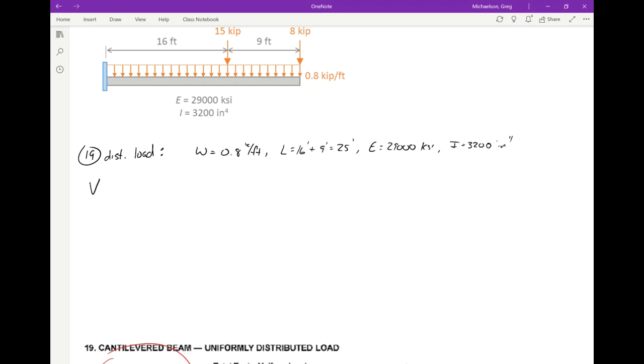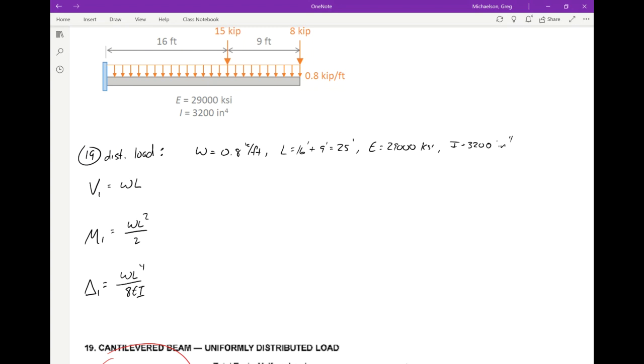So our shear, I'll call it V1, our moment, we'll call that M1, and our deflection 1, are computed as follows. V1 is WL. M1 is WL squared over 2. And deflection is WL to the fourth over 8EI.